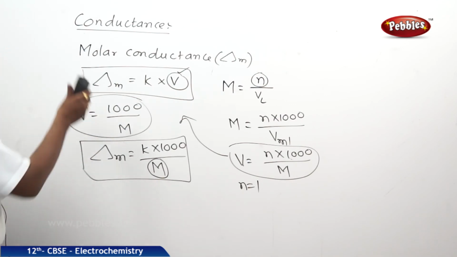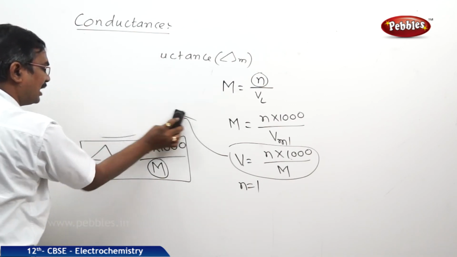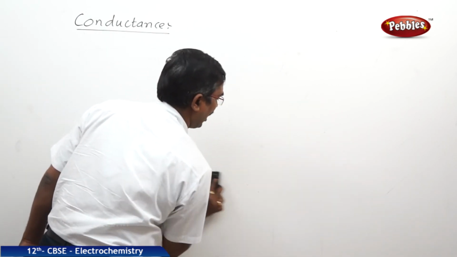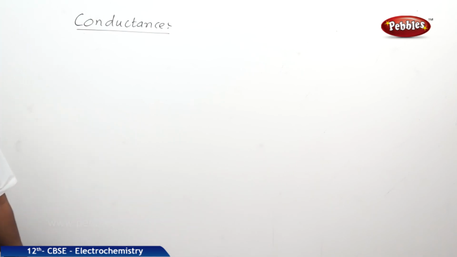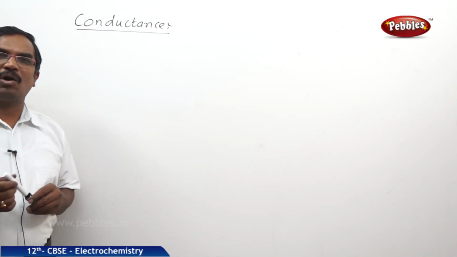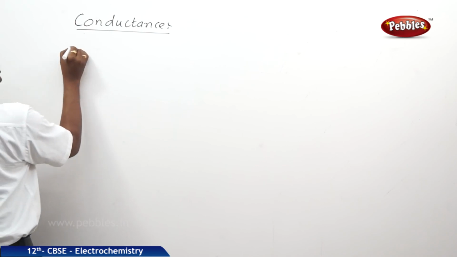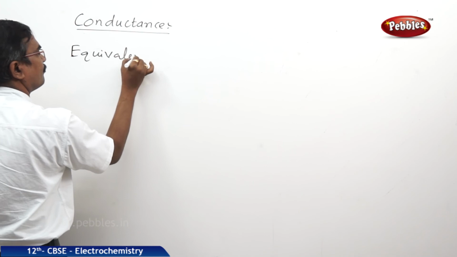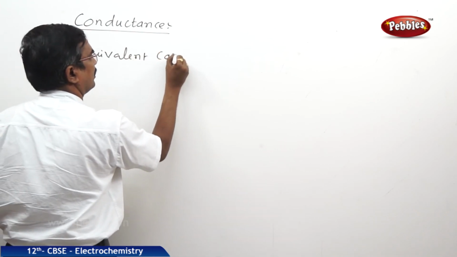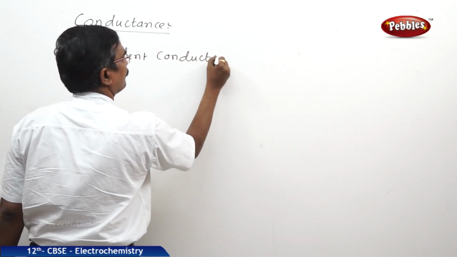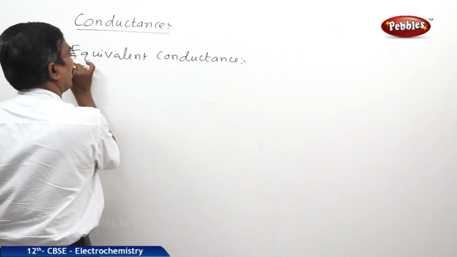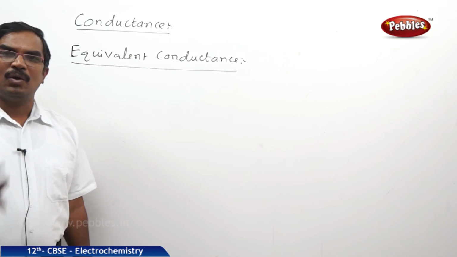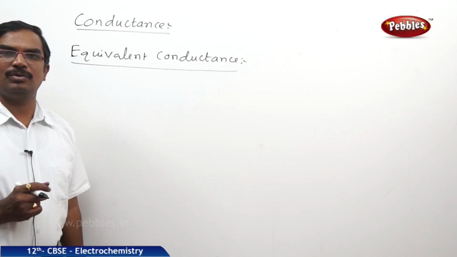At the same time, if we use only 1 gram equivalent of the solute in the resultant solution, then the conductance is generally called equivalent conductance. So it's nothing but the conductance of the solution having 1 gram equivalent of the solute.